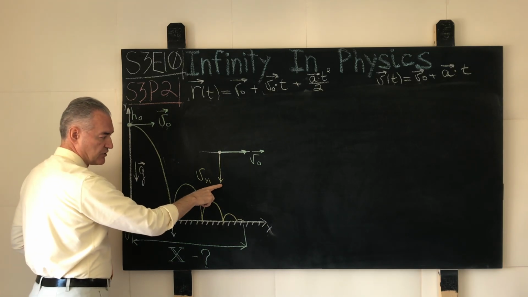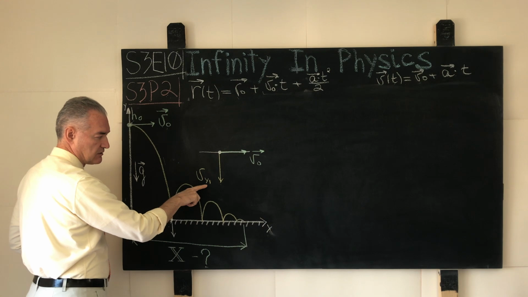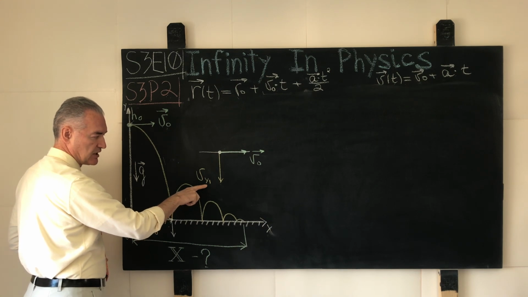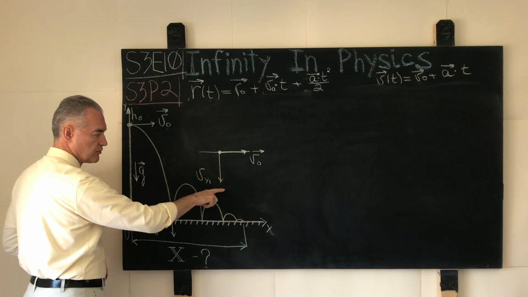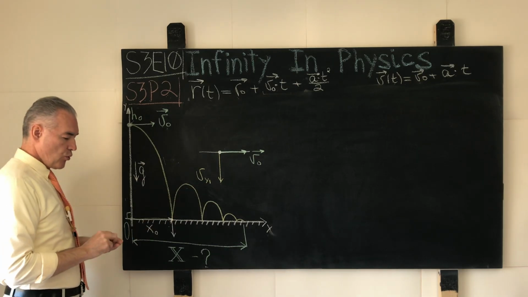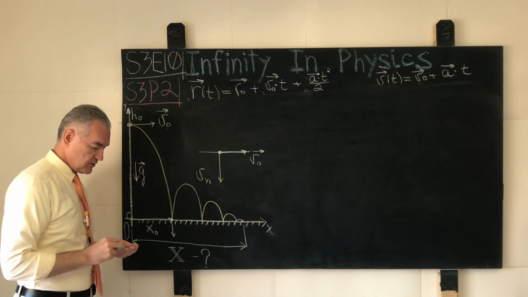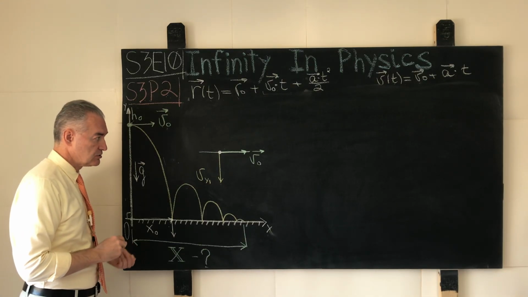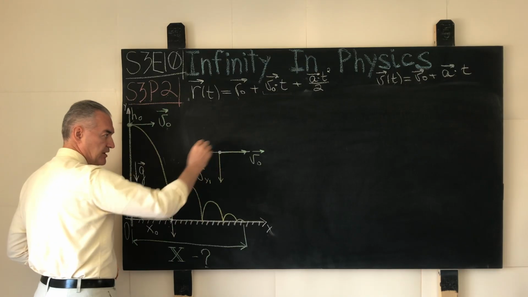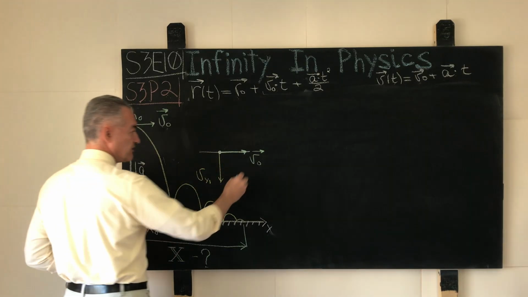The vector of the vertical component of the chicken's velocity points in the opposite direction. Cosine of pi is -1. Boom, there we go. This is the minus. What is the total velocity of the chicken as it hits the ground for the first time? Well, it is a vector sum.